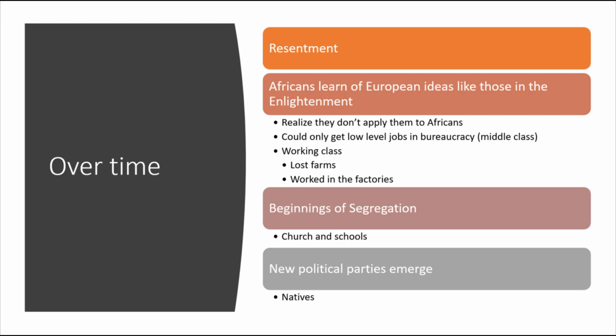Over time, what ends up happening is that Africans learn of European ideas like those in the Enlightenment. We had talked about that before, where ideas of the Enlightenment transferred over to South America, and they realized that they weren't really being treated how Europeans had talked about, and then they had their rebellions. We have some sort of rebellion going on, but Africans won't really win their independence.